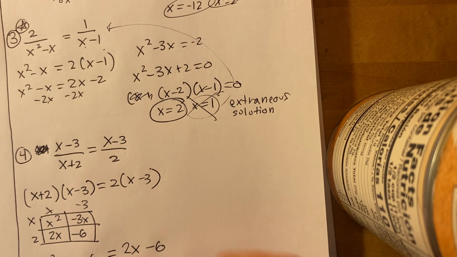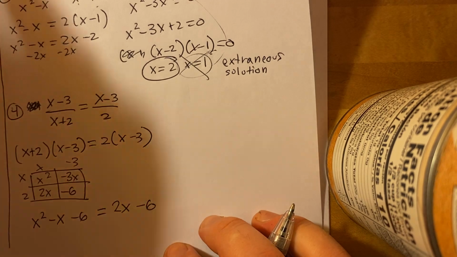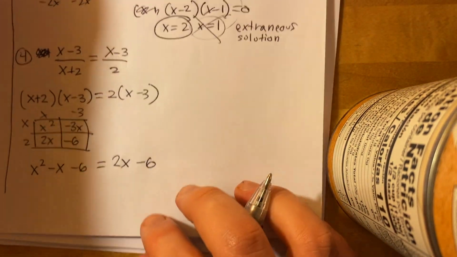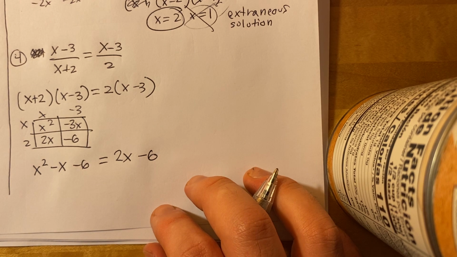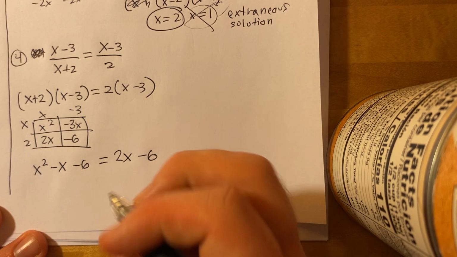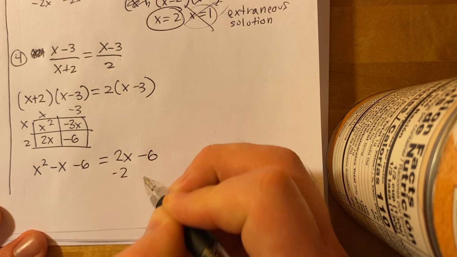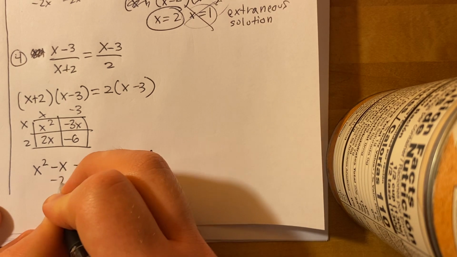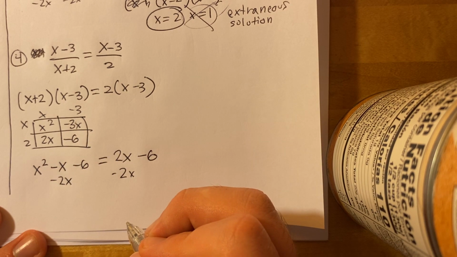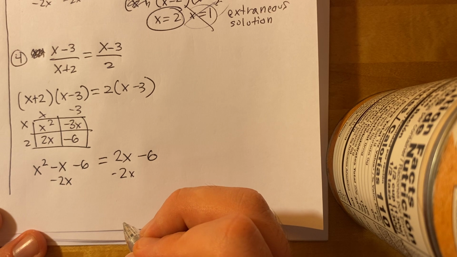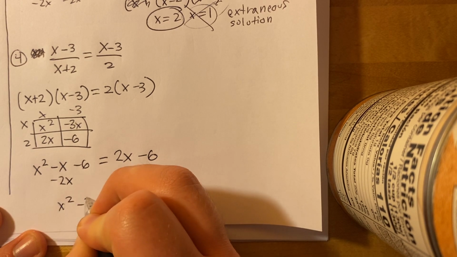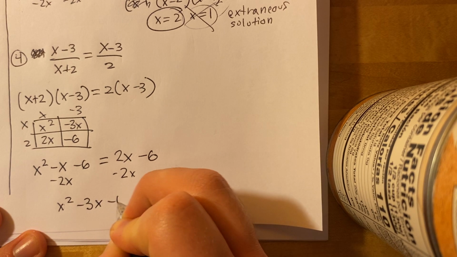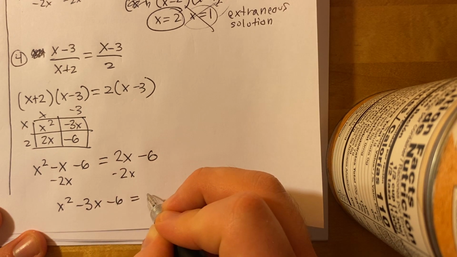Right? Yes. Beautiful. Sorry. And so we'll go ahead and again move all of this to the other side so that we can factor it. So if I subtract 2x on both sides, let's see. Yep, I'm going to get x squared minus 3x minus 6 equals negative 6.